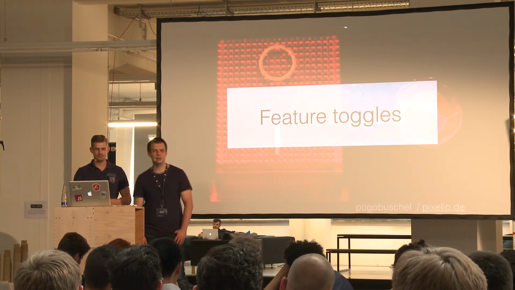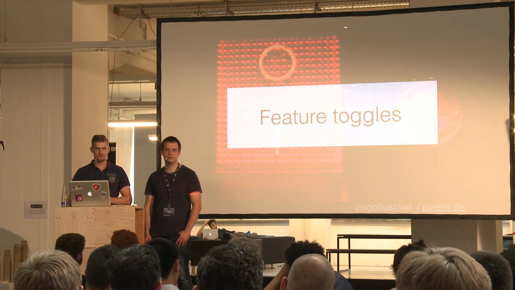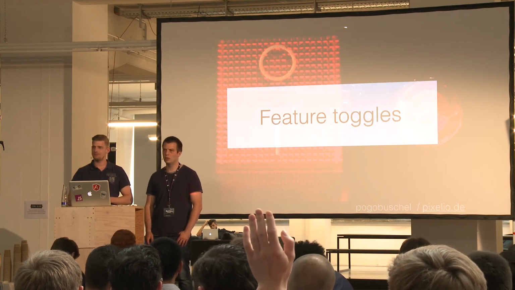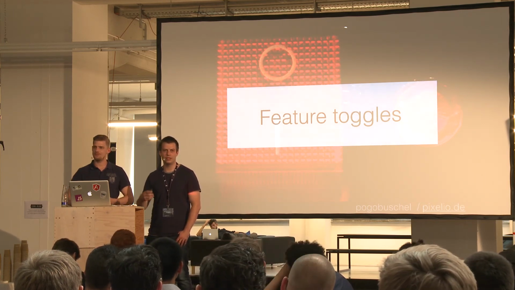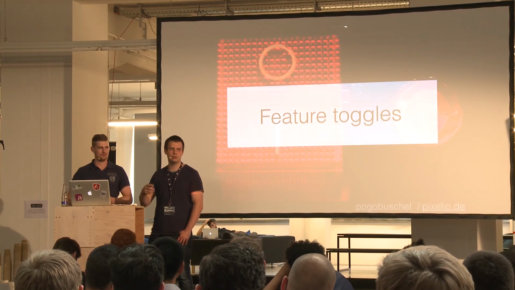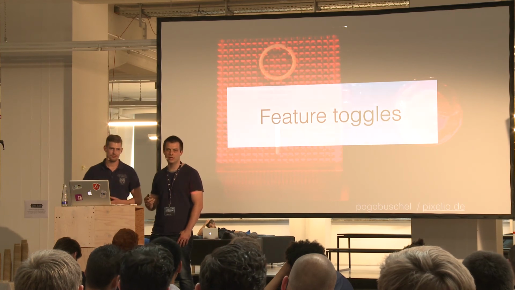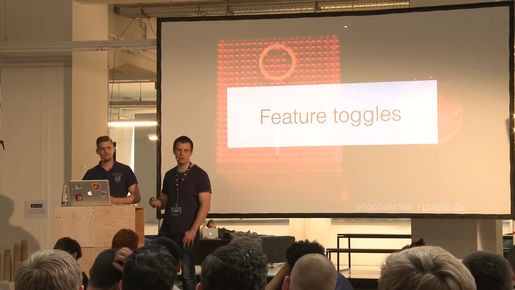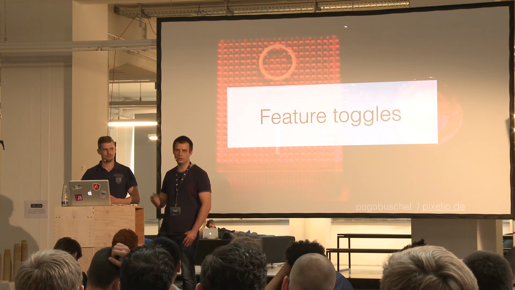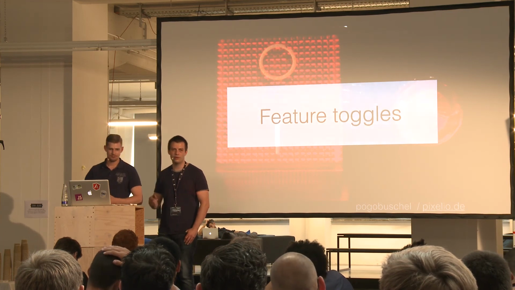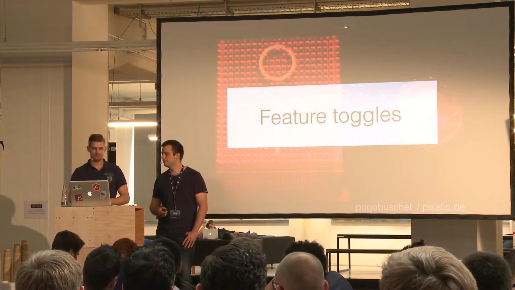Who does use feature toggles? So you don't have to worry about that. In the easiest case, it's just an if statement to enable or disable a certain module of your application. So just consider using them, because they're quite cool. You can just switch certain features on or off.